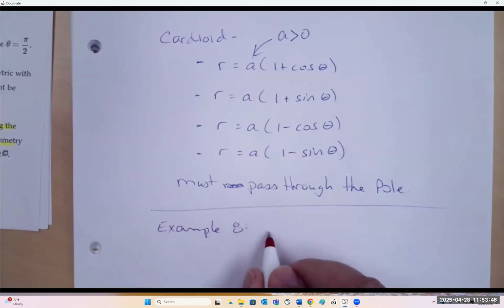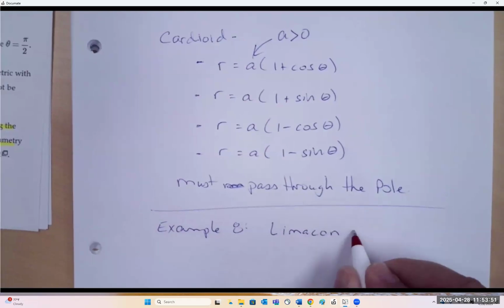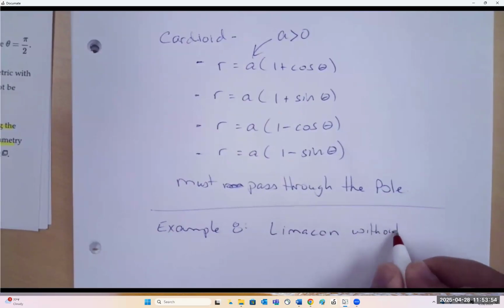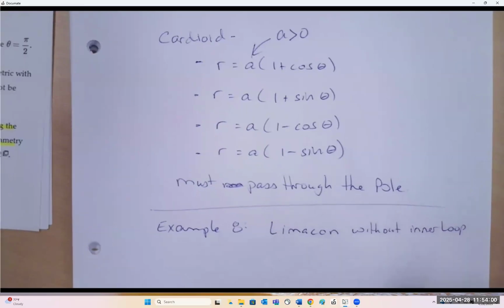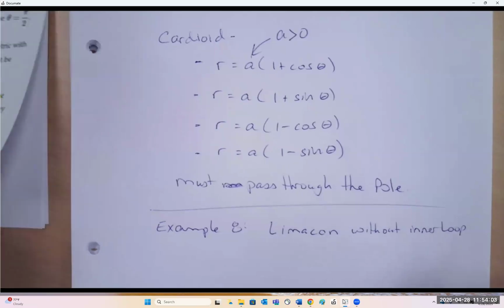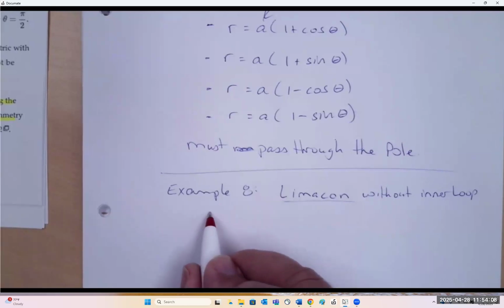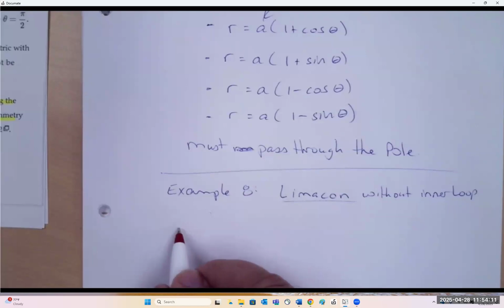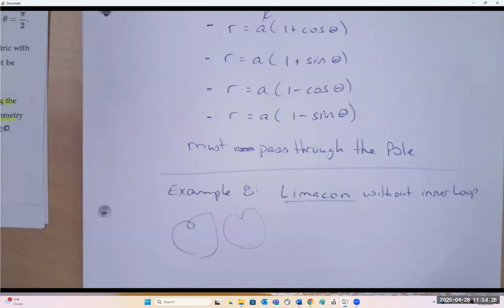Example 8. Next one is what's called a limaçon. Typically, limaçons have two types. You have one that can have a loop inside, and another one where you could have just a dip.